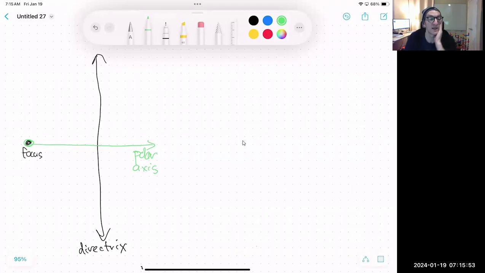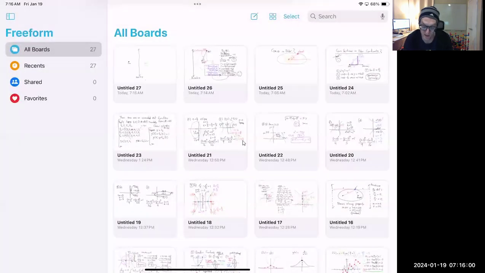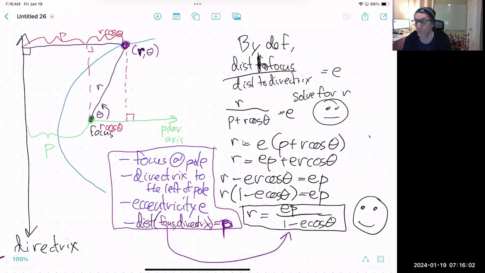But this time the polar axis is going to intersect the directrix, whereas in the previous figure the polar axis was going away from the directrix and not intersecting it.